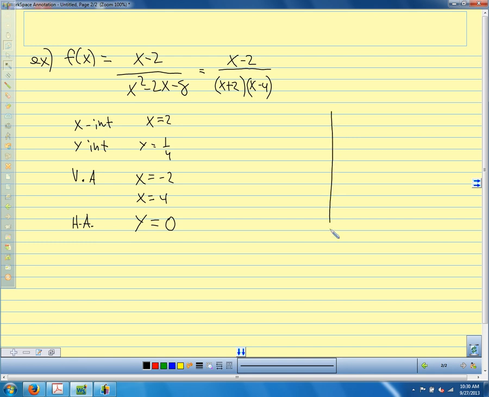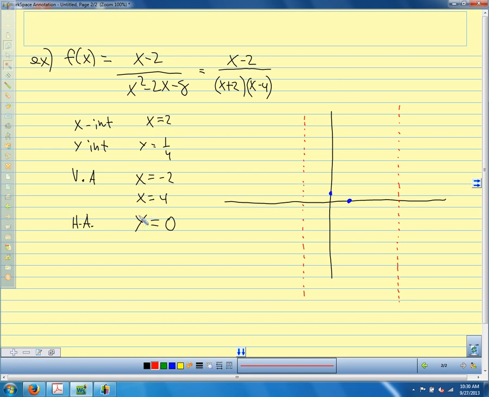So here's my rough sketch. We have an x-intercept at 2. We have a y-intercept at 1/4. We have a vertical asymptote at x equals -2. We have another one at x equals 4. I know my scale's not perfect here.